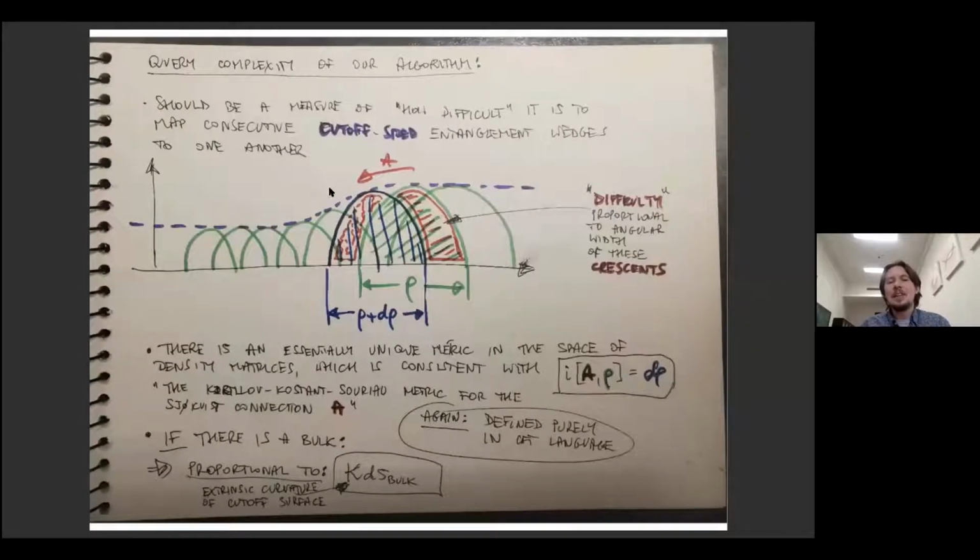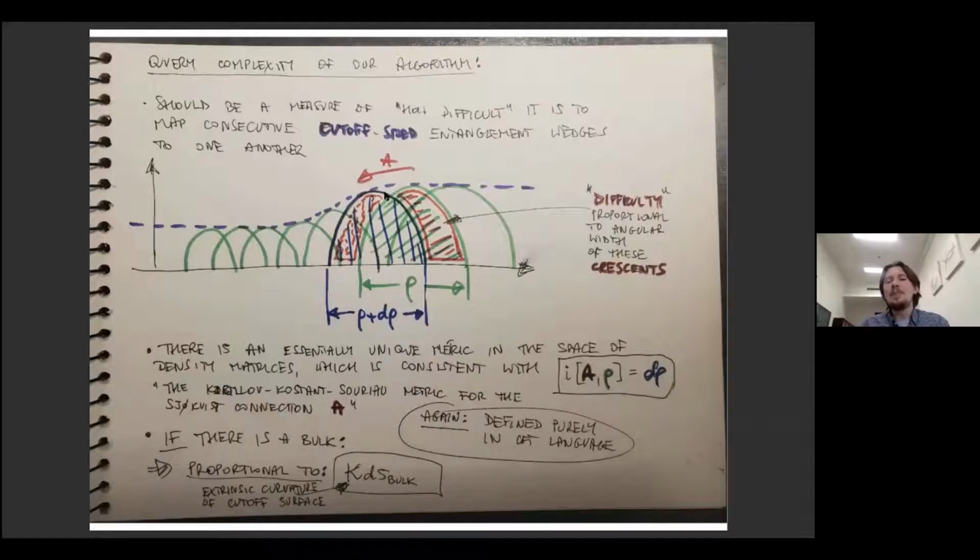And the principle is this: it should be a measure of how difficult it is to map one entanglement wedge to another. Because remember, that's what A is supposed to do. It's supposed to map one entanglement wedge to another. If I think of the entire spacetime as one big tensor network, then the difficulty of that is related to how big these red regions are, the regions that are highlighted in red here.